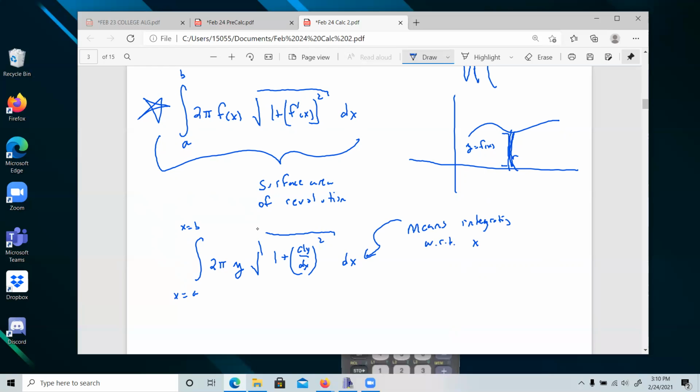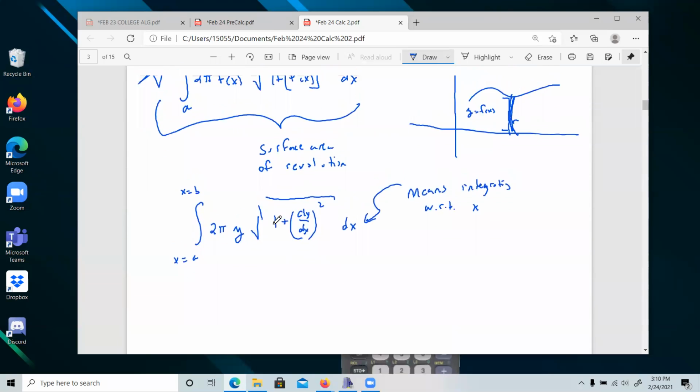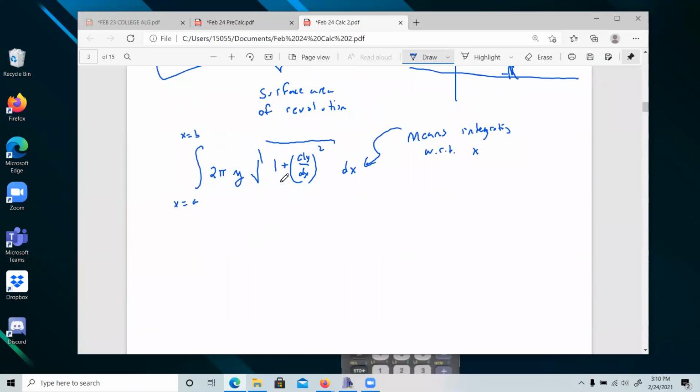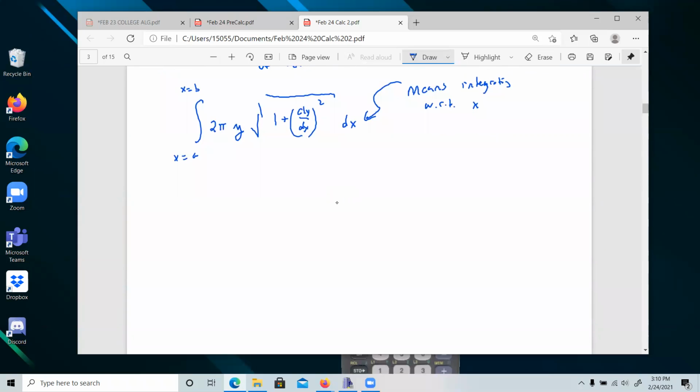Right? We don't have to just revolve around one axis, right? We could revolve around the other axis, or we could change it because surface area was nuts, right? So, or we could do y equals c to y equals d of 2 pi y. This is still revolving around the x-axis. Square root of 1 plus dx by dy squared, dy.